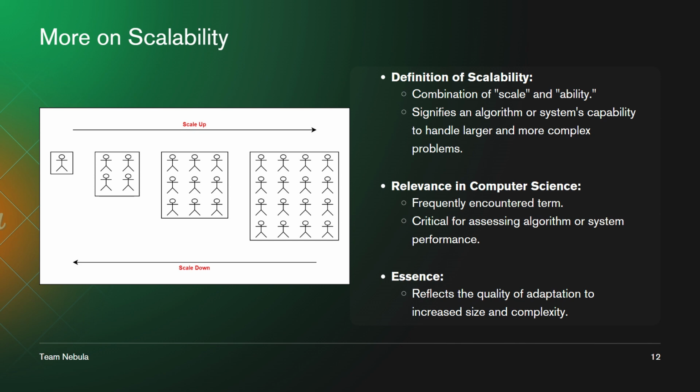What if the number of students increased to 1000? The previous solution might not suffice anymore. It could either fail to handle such a large number of students or consume an enormous amount of resources, making it inefficient. In this case, we can say that the solution is not scalable.